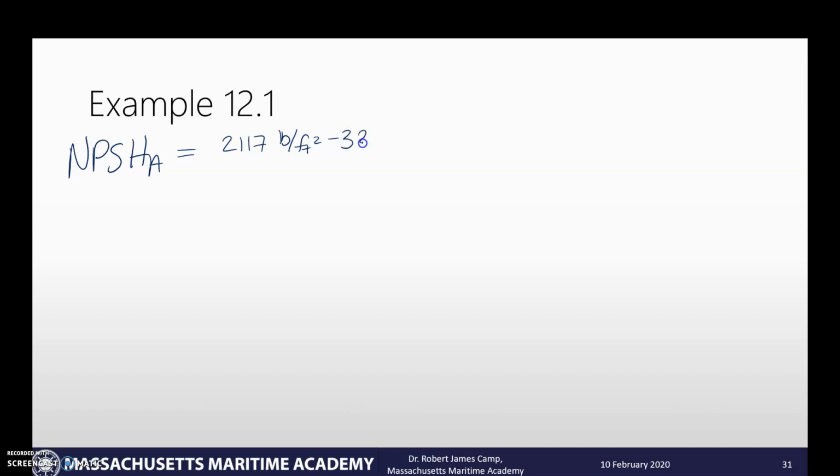Subtract from that the 32.5 pounds per square foot of our vapor pressure head. Divide that by gamma, gamma of water, 62.4 pounds per cubic foot. As I take a look at that real quick, that's going to leave me with units of feet, which is what I expect. So that's good.